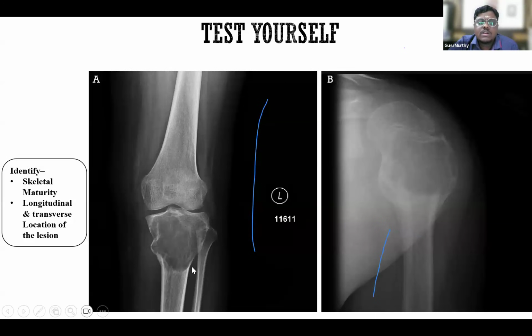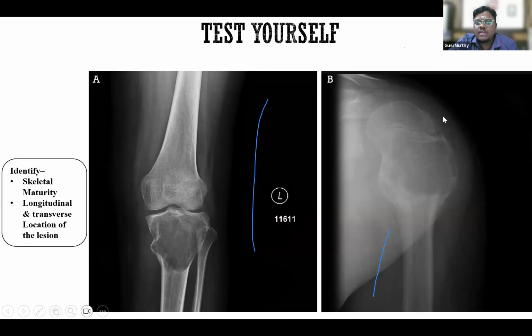Remember the term I used, epiphyseal region, not just epiphysis, because it's a fused mature skeleton. Whenever it is a fused mature skeleton, just mention region, not just epiphysis, metaphysis, diaphysis. Preferably use the term region. Here it is predominantly in the epiphysis with some amount of extension into the metaphysis also.